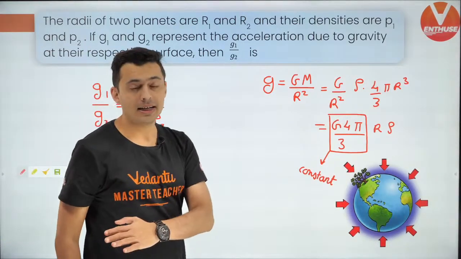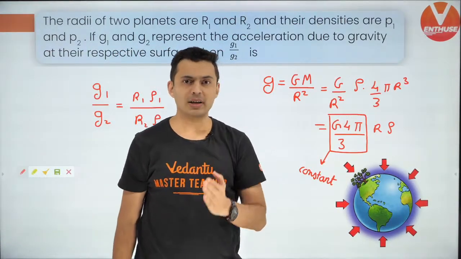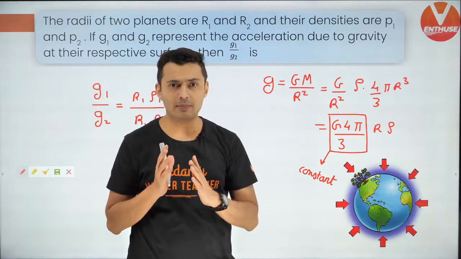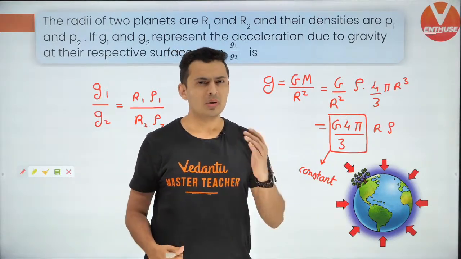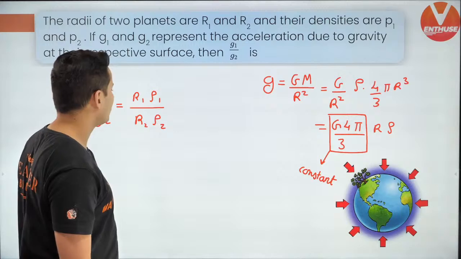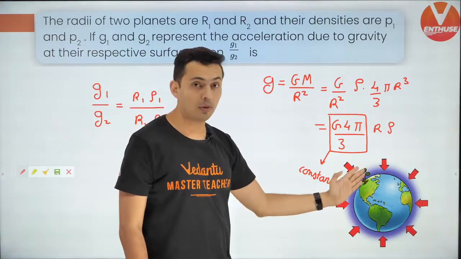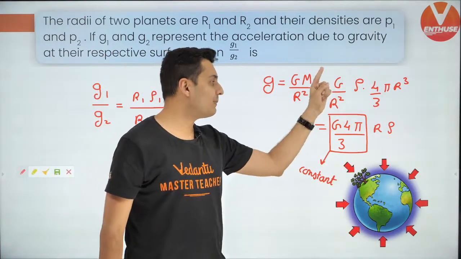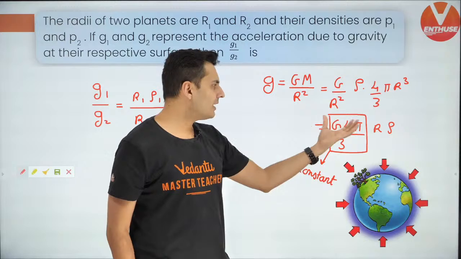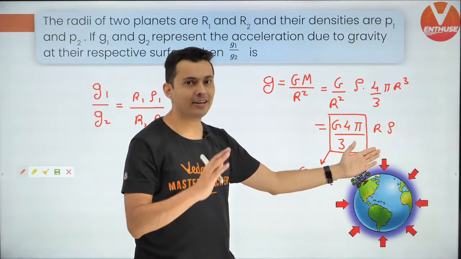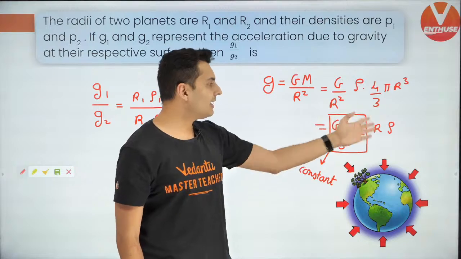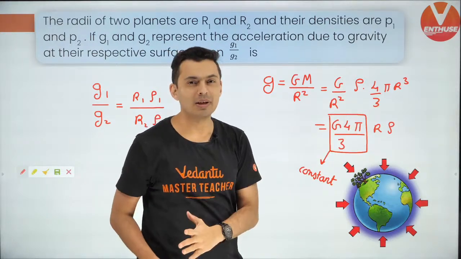Now here is the trick, guys. Whenever you have problems of ratio, not just in the chapter of gravity, but even in current electricity or any other chapter, do not take the ratio in the first go. First derive a general formula. See what all it is dependent on, because many things will be constant, and once you derive the direct indirect relationship, then take the ratio, because then it looks simple.